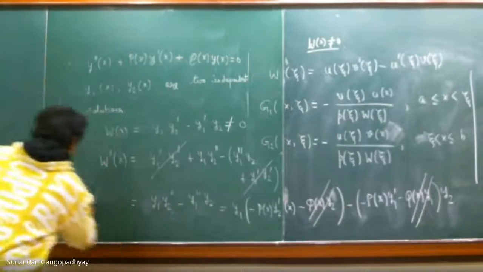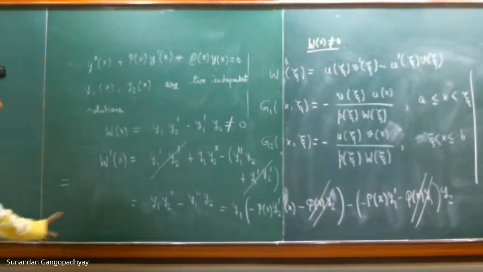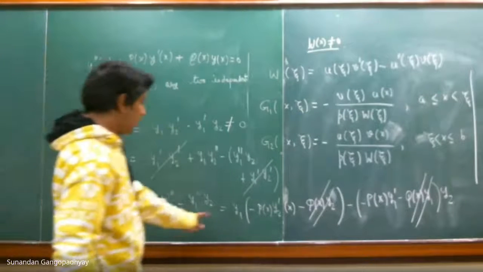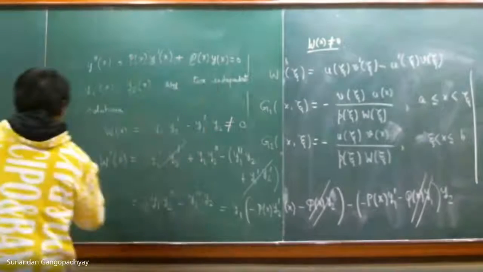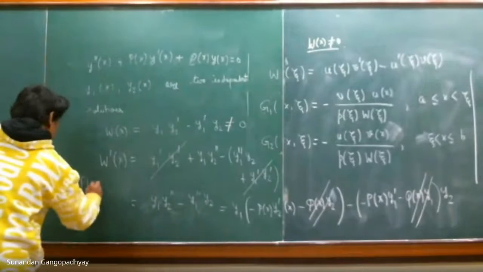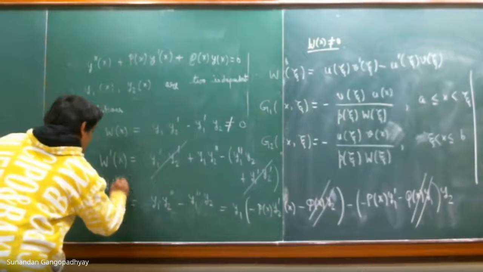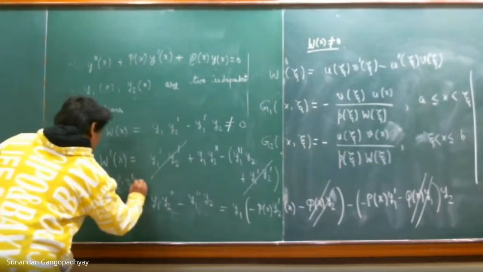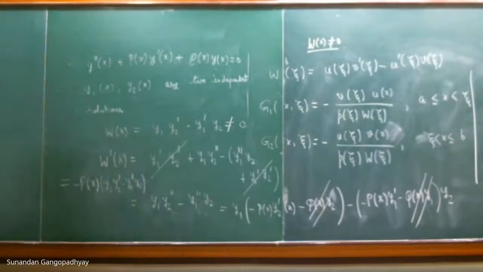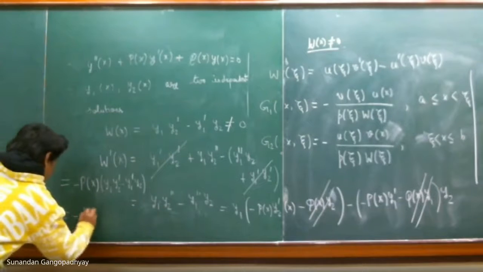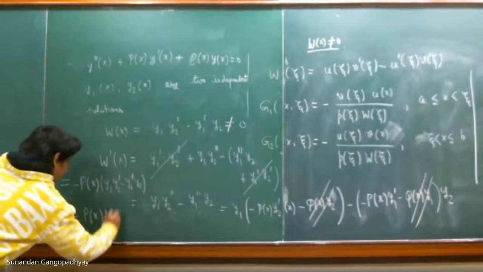Therefore this is equal to, taking p of x common, minus p of x times y1 y2 prime minus y1 prime y2, and that is equal to minus p of x, W of x.